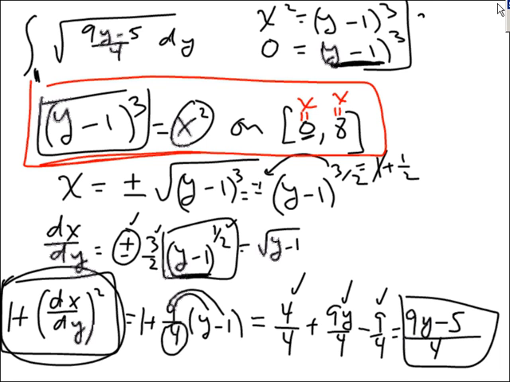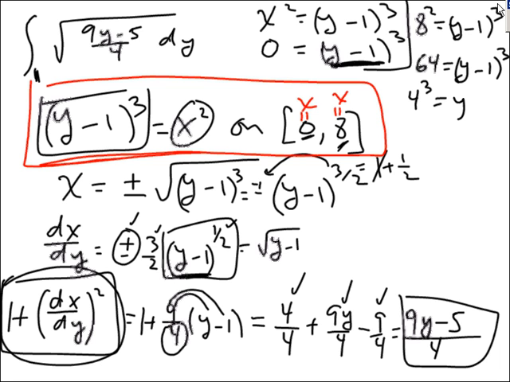We know that x squared, in this case x is 8, 8 squared is y minus 1 cubed. 64 is y minus 1 cubed. But 64 is 4 cubed. It is y minus 1. This must be 4. That means y is 5. 5 minus 1 is 4. Y must be 5. So I integrate from 1 to 5.